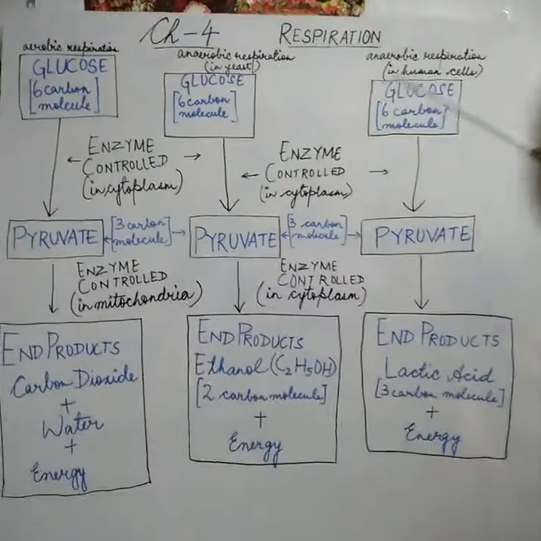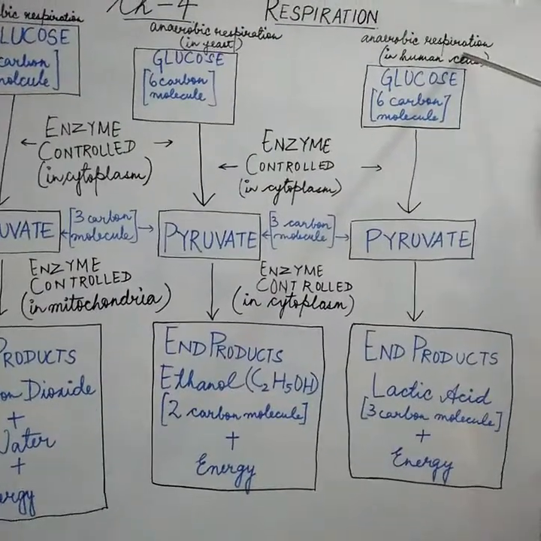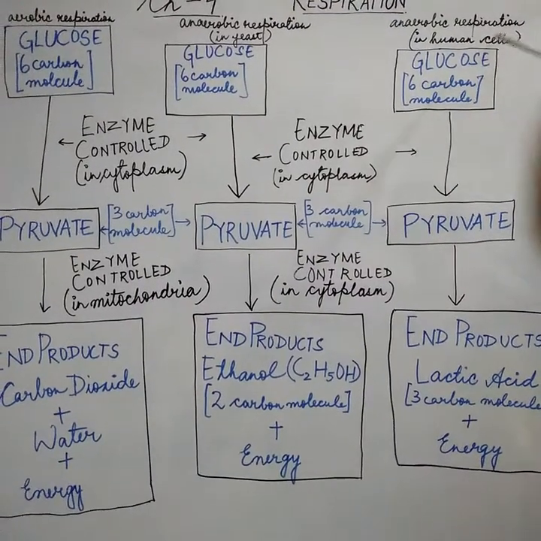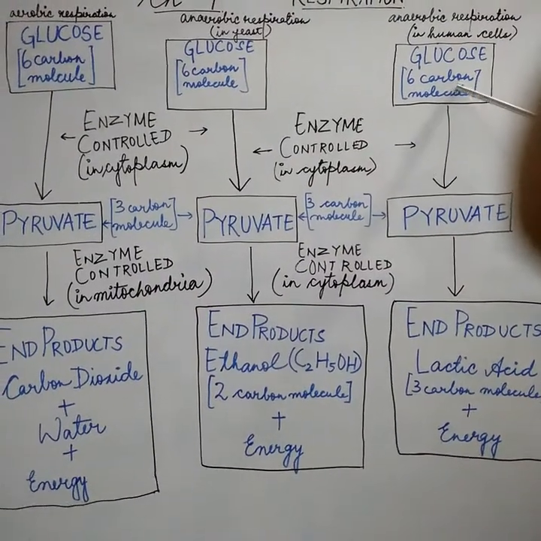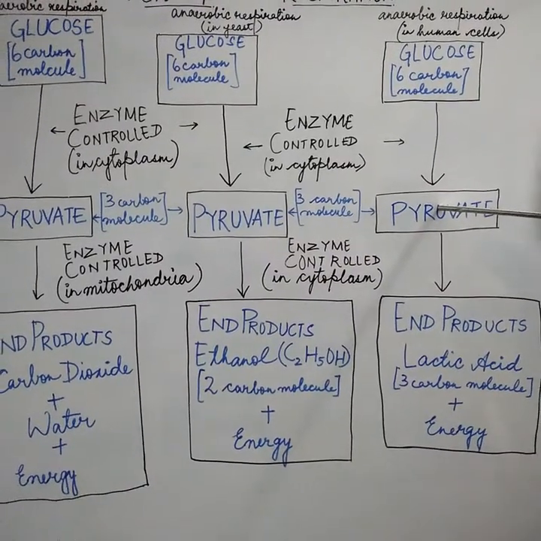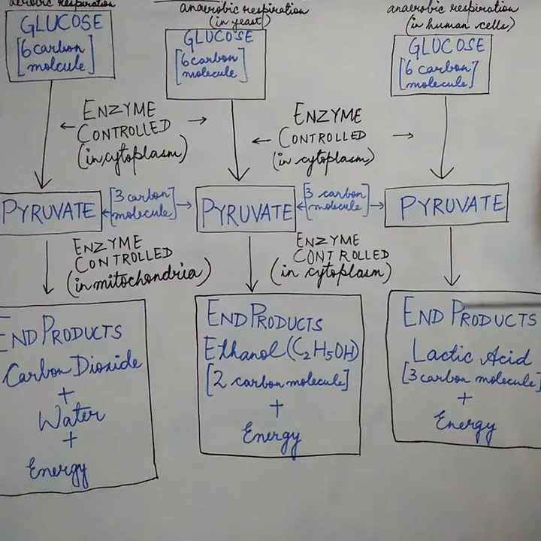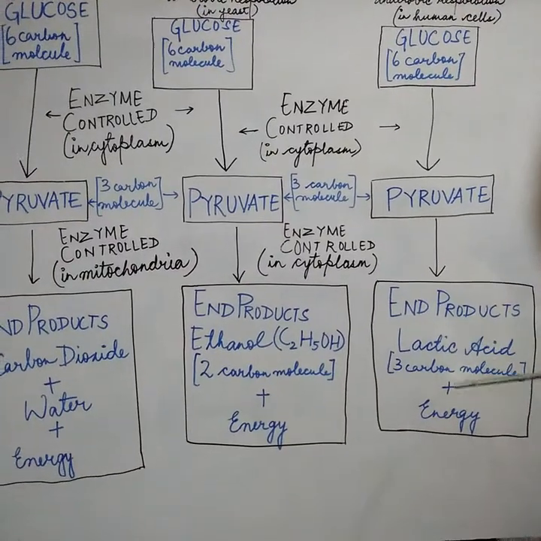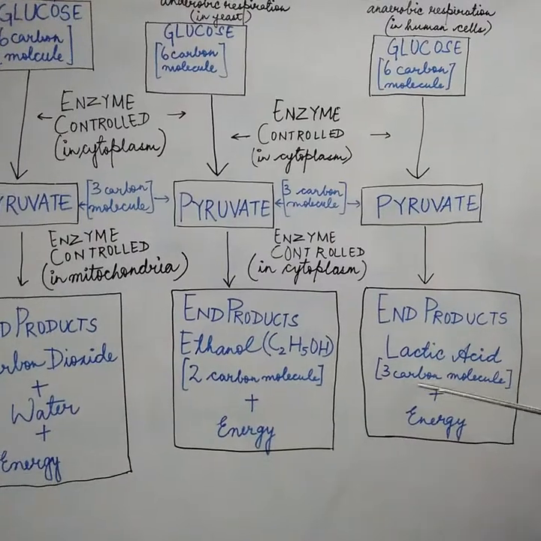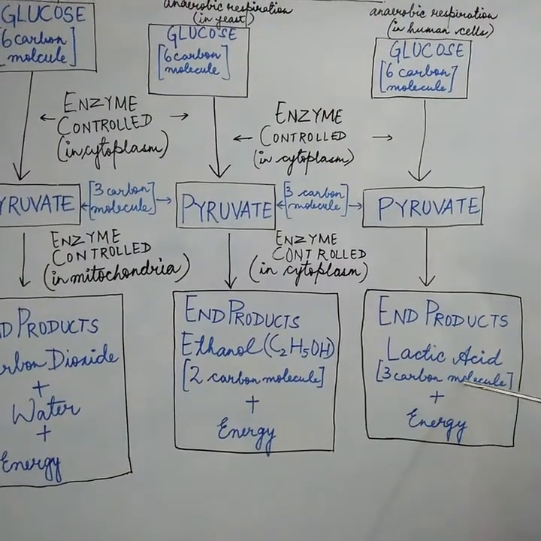Clear? Now the third pathway of anaerobic respiration is in human muscle cells. Here glucose, that is 6-carbon molecule compound, is converted into pyruvate, and pyruvate is converted into lactic acid, and very less amount of energy is released. Lactic acid is a 3-carbon molecule compound. Clear?